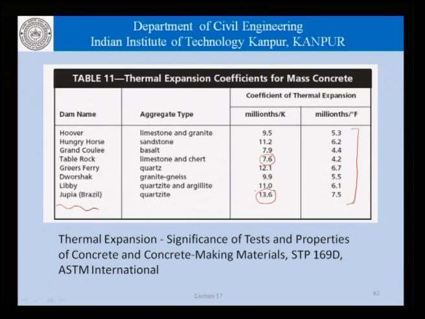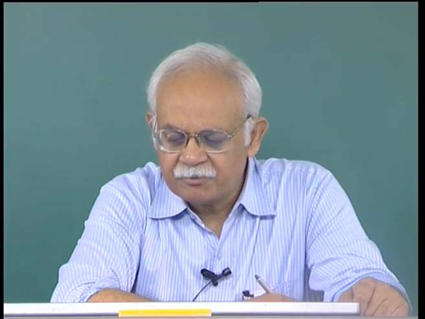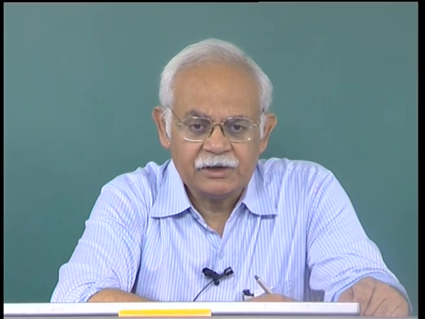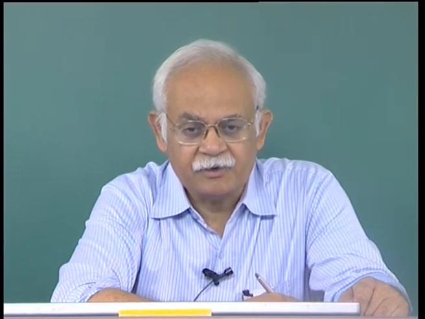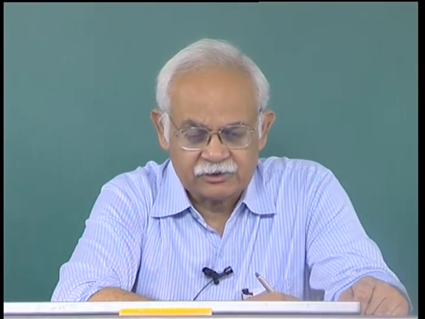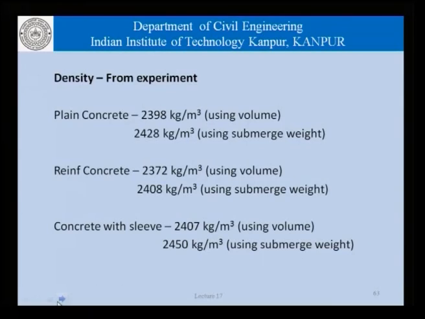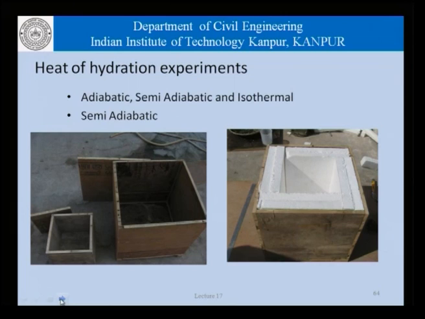So, it is not really twice, but it is something which needs to be kept in mind when we are doing the simulation or the analysis. The density, of course, is another important parameter, and we have plain concrete, reinforced concrete, the concrete with the sleeve in this case, and these densities also become important when we are carrying out the analysis.